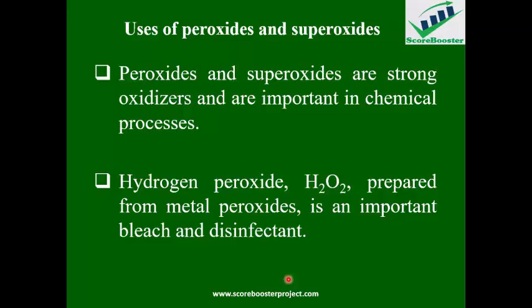They are very important as oxidizers, and all of us, I believe, know how important an oxidizer is. We have been talking about oxidizers and oxidation reactions. So sodium peroxide and hydrogen peroxide are very important as oxidizers in chemical industries, and they are also important in some other chemical processes.